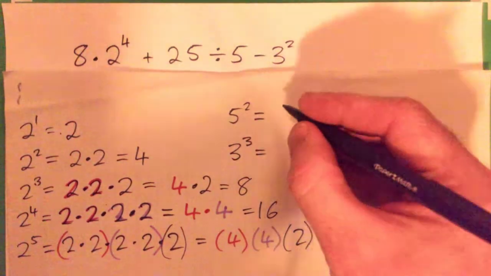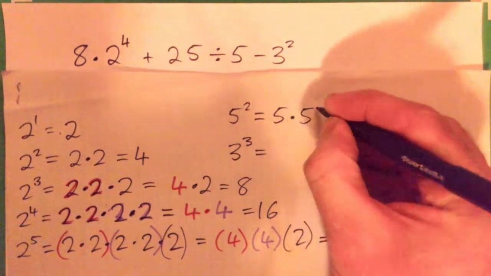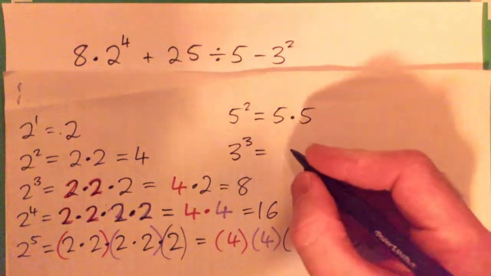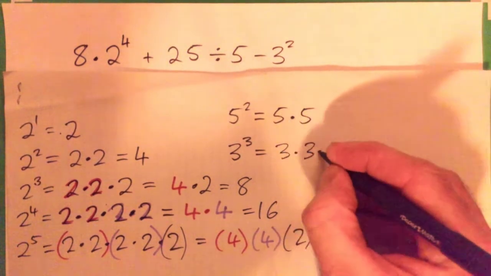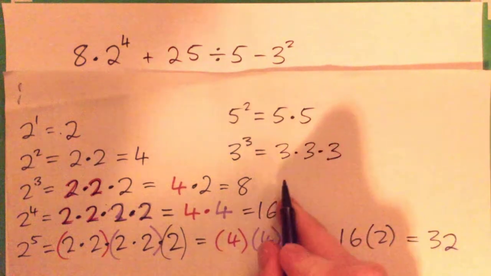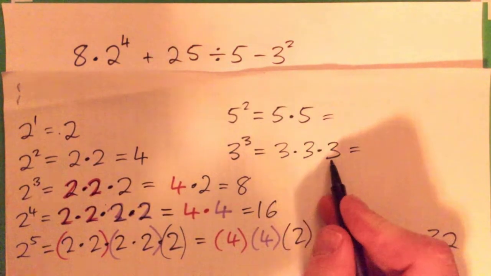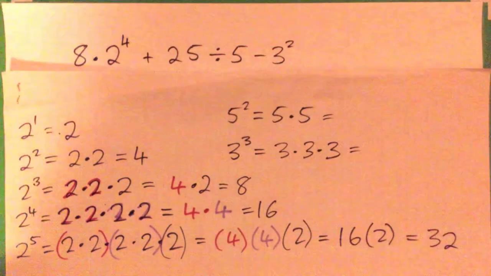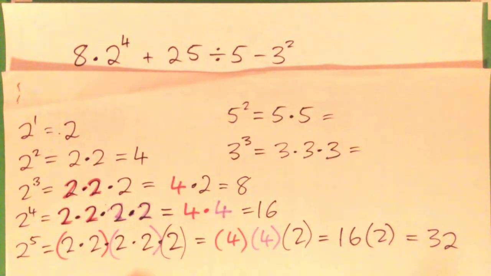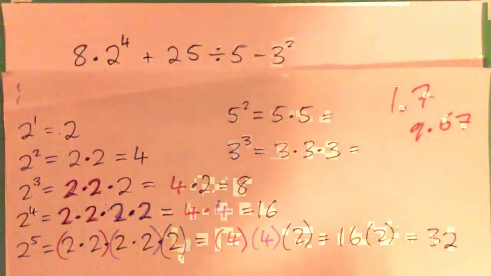Yeah, so 5 squared is 5 times 5. 3 cubed is 3 times 3 times 3, right? So then you just multiply each of these. If it's 3 cubed, there's 3 of them being multiplied. If there's 5 squared, there's 2 of them being multiplied. So 5 times 5 is 25.